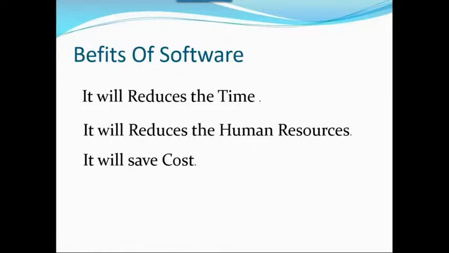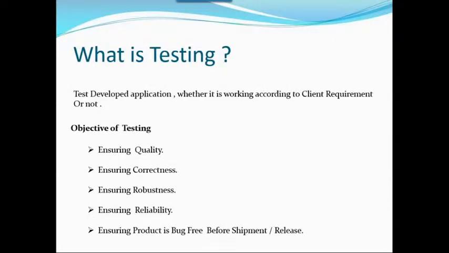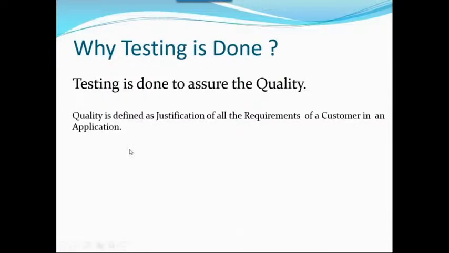How can you say you are getting a quality product? It must be bug free. A justification of all the requirements of a consumer or customer. Yes, justification of all the requirements, and also you can say it's bug free.